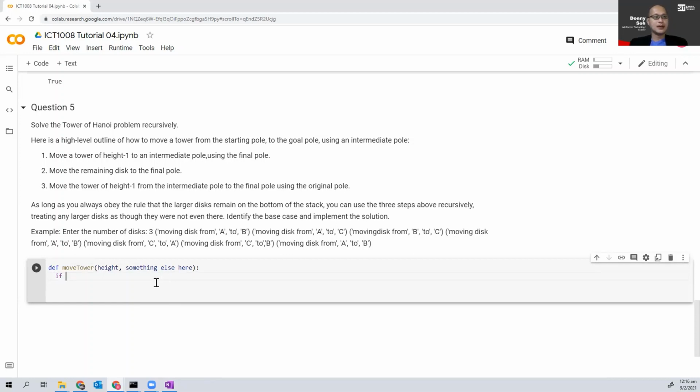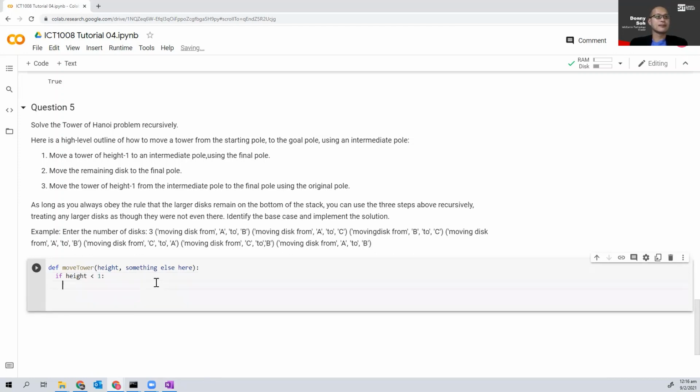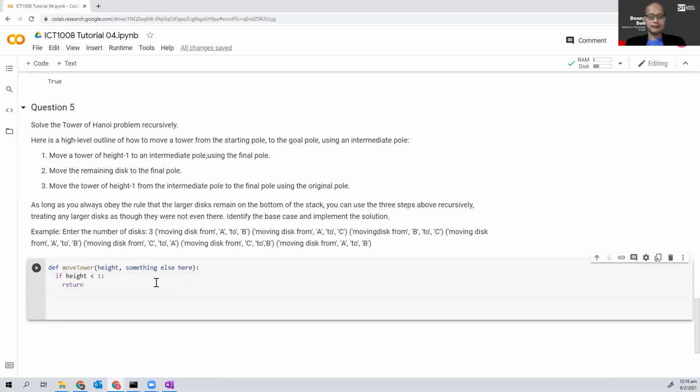If my height is equals to or less than 1, I can return. So this is my terminating condition. If my height is less than 1, there's nothing I can do anymore.